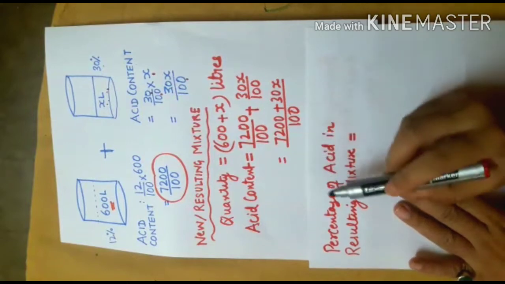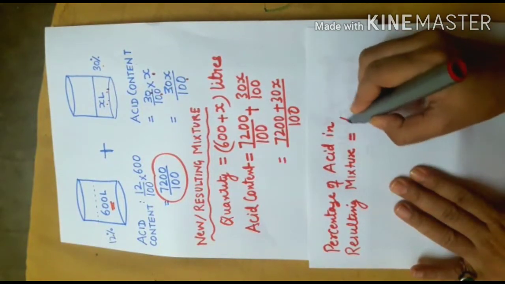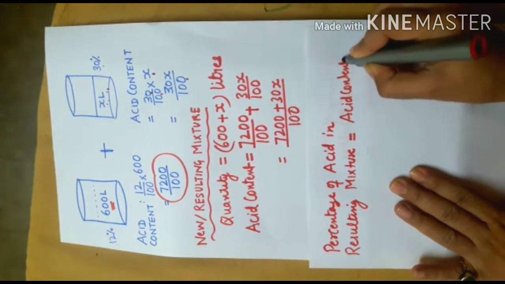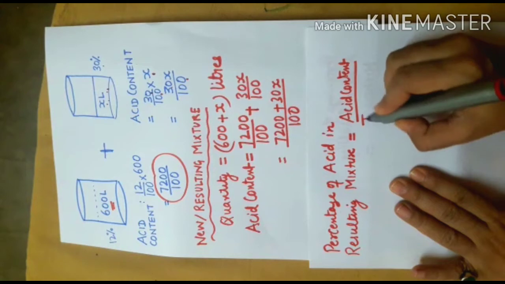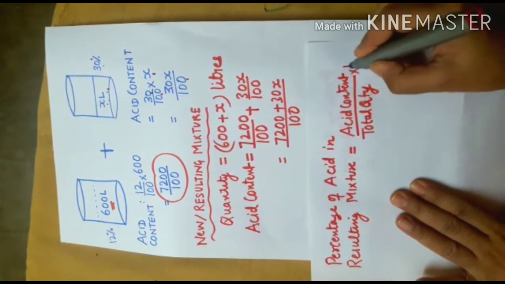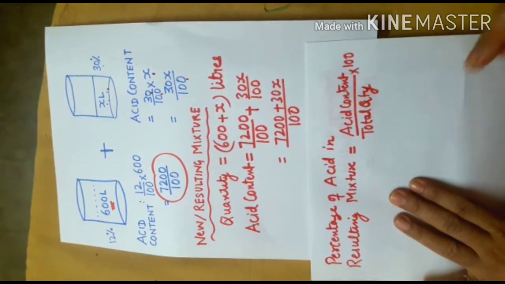So percentage of acid in the resulting mixture will be acid content upon total quantity into 100. This is how we calculate the percentage.